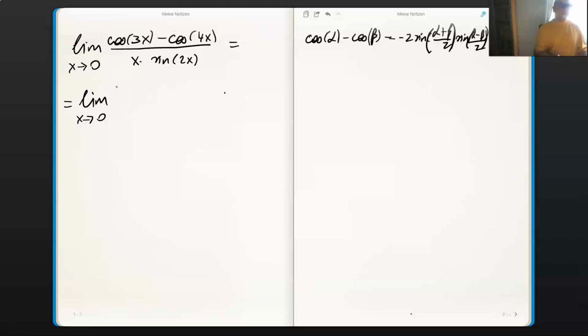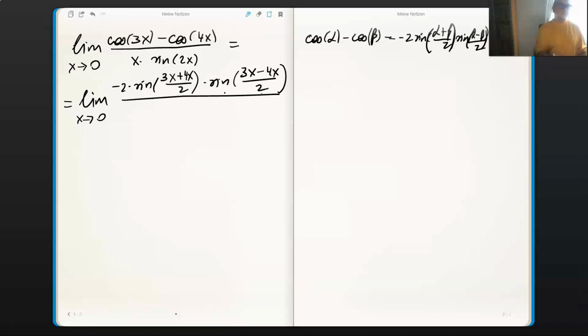So we applied it in this case, that means we're having minus 2 times sine of (3x plus 4x) divided by 2 times the sine of (3x minus 4x) divided by 2, also still divided by x times the sine of 2x.